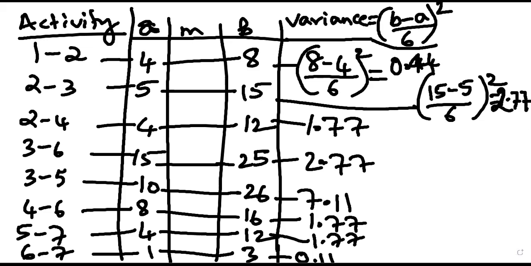So what was the critical path of this problem? 1-2, 3-5-7.